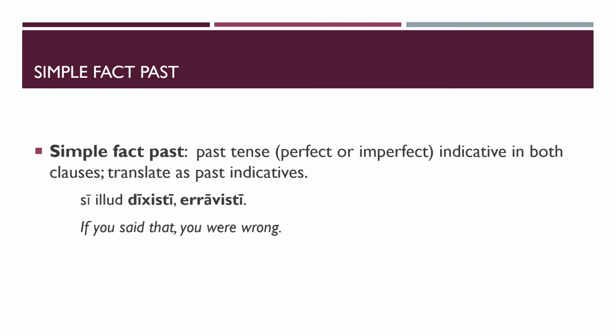Dixisti could have been imperfect. So, if you said this, you were wrong. Not a lot of hypothetical. Again, very straightforward. Translate it pretty easily. Just make both verbs past tense.